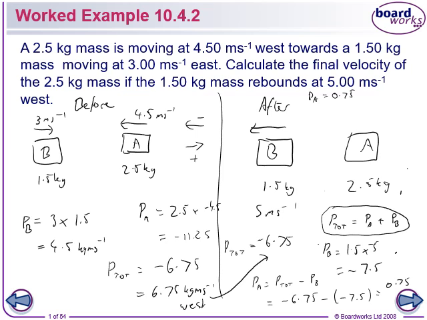Because momentum is equal to mass times velocity, 0.75 is equal to the mass of A multiplied by the velocity. So velocity is 0.75 divided by 2.5, which is 0.3.